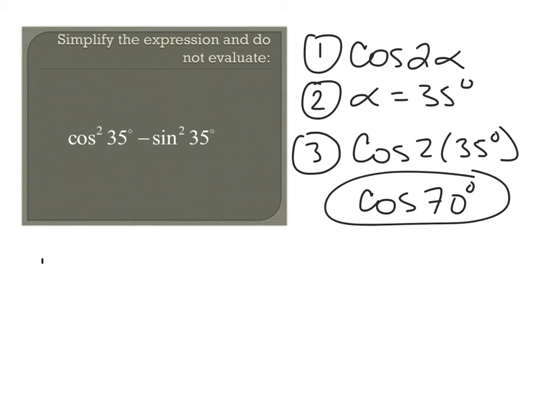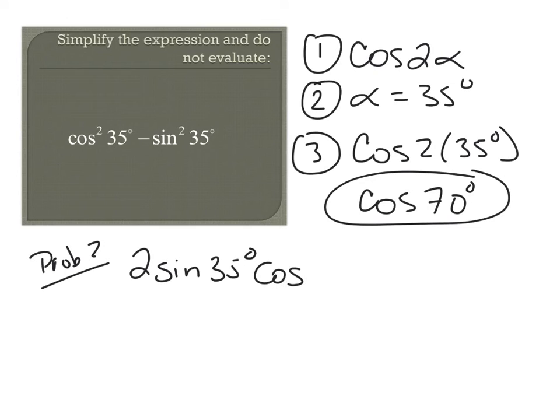Okay, so here's problem 2. What if I had 2 times sine of 35 degrees cosine 35 degrees? These aren't nice angles, and it says do not evaluate. So the first step is, what formula is this?